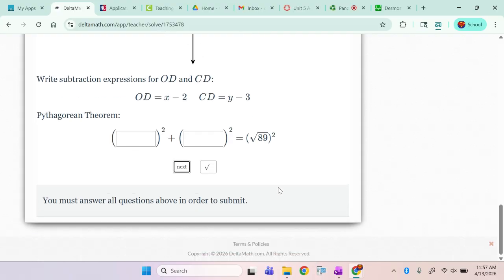Now, just like we did with the last one, we're going to take those values and plug them back into the Pythagorean theorem, including the radius that we already found in the previous question. So this would be (x minus 2) squared plus (y minus 3) squared equals the square root of 89, all squared. All we did is plug it into the Pythagorean theorem again. So that's what you're going to type in here.